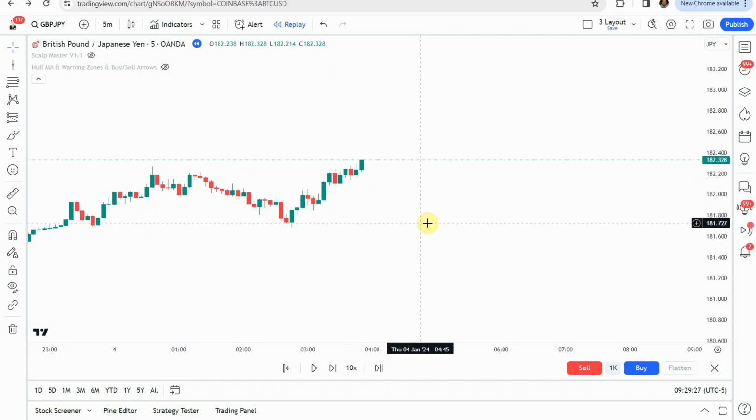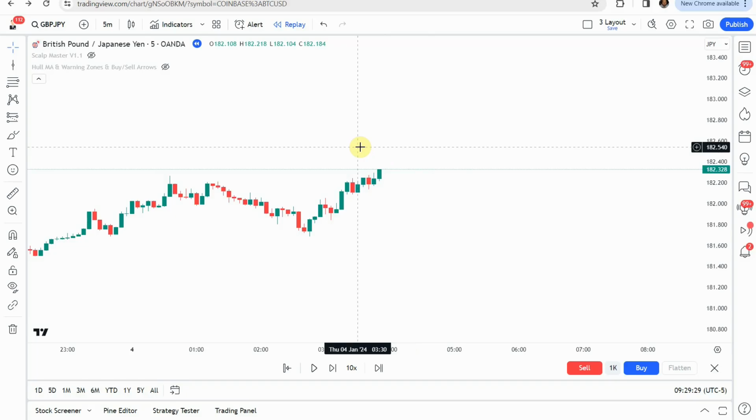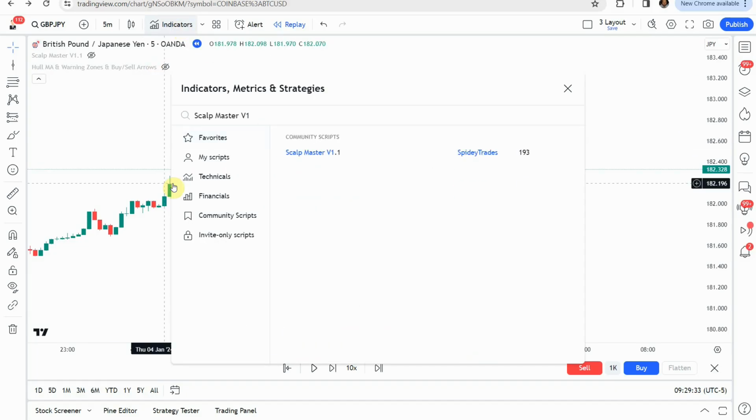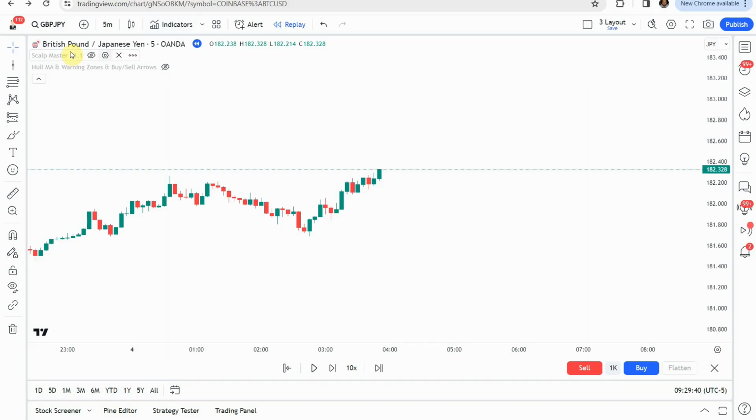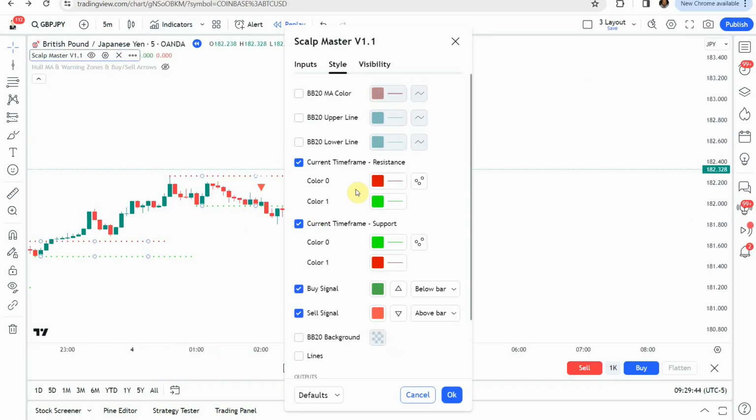What we'll do is just go ahead and hide these 2 indicators here. The first indicator we'll add to the screen is going to be the Scalp Master V1, the V1.1 technically. You'll add that to the screen and jump into the settings, and we will turn off these top 3 selections here.